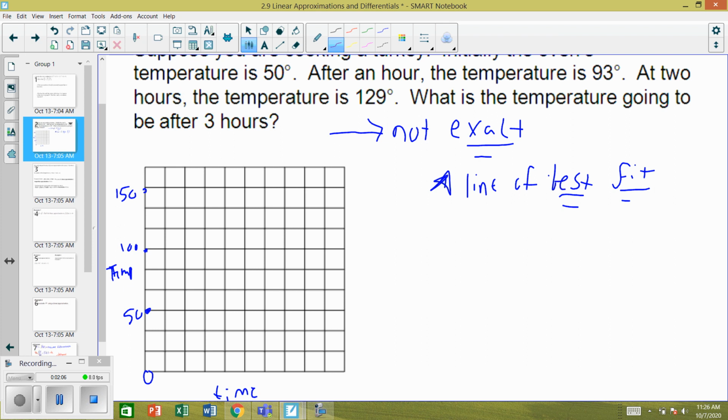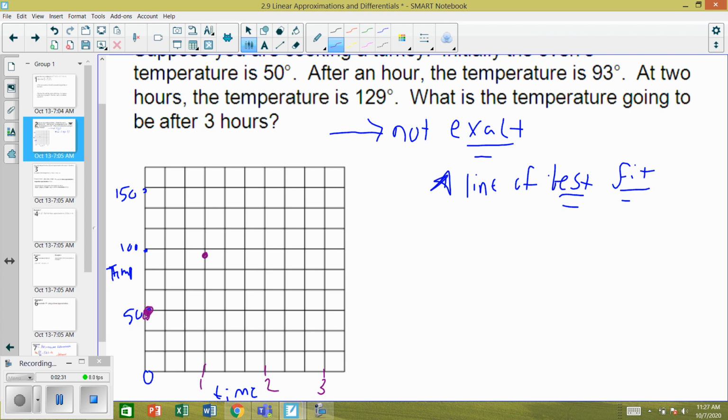Then after an hour, 1, 2, 3, whatever. Initially we're at 50. After an hour, we're at 93, which is about right here. And at 2 hours, we're at 129.